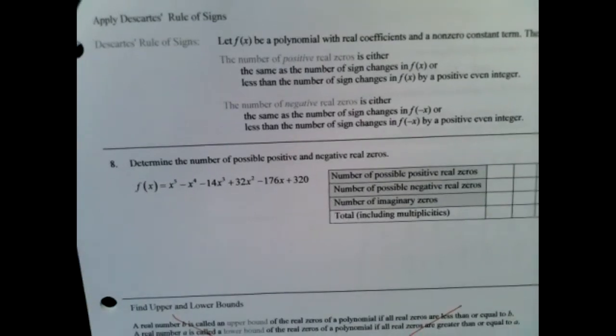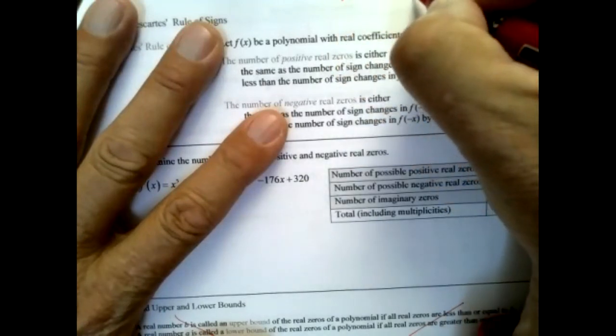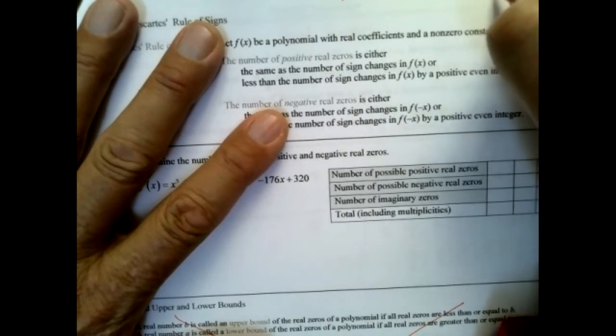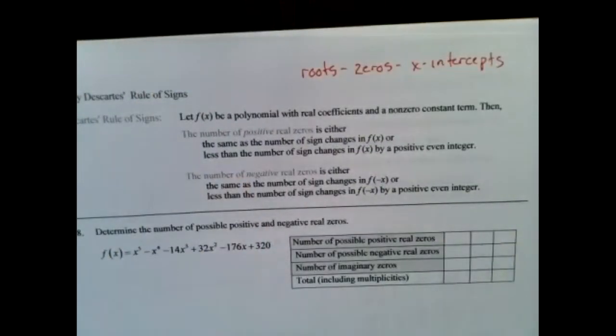when you do find the actual answers, the roots, the zeros, the x-intercepts, remember we have all these meaning the same thing. This was even brought up the other day, how they all mean the same thing.